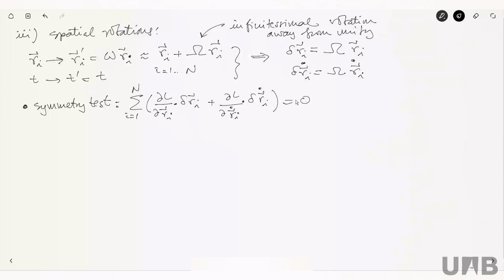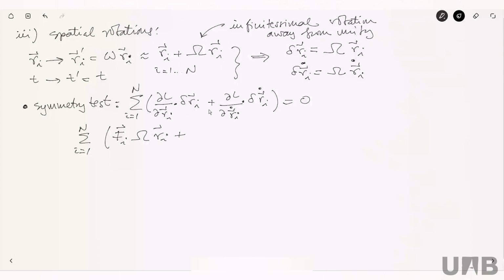Okay, so that means that the sum from i equals 1 up to n of the derivative of L with respect to R. What is the derivative of L with respect to R? We computed it before. What did we say it was? The force? Yes, F, the force acting on the ith particle, okay? Delta Ri is the matrix omega times Ri.